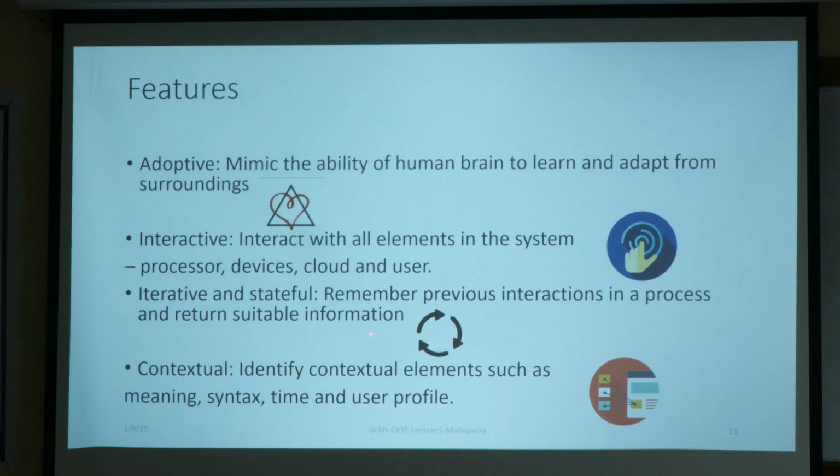Then contextual: they identify contextual elements such as meaning, syntax, time, and user profile. That is pretty important for any cognitive system, so that you are not doing something in a misguided way.